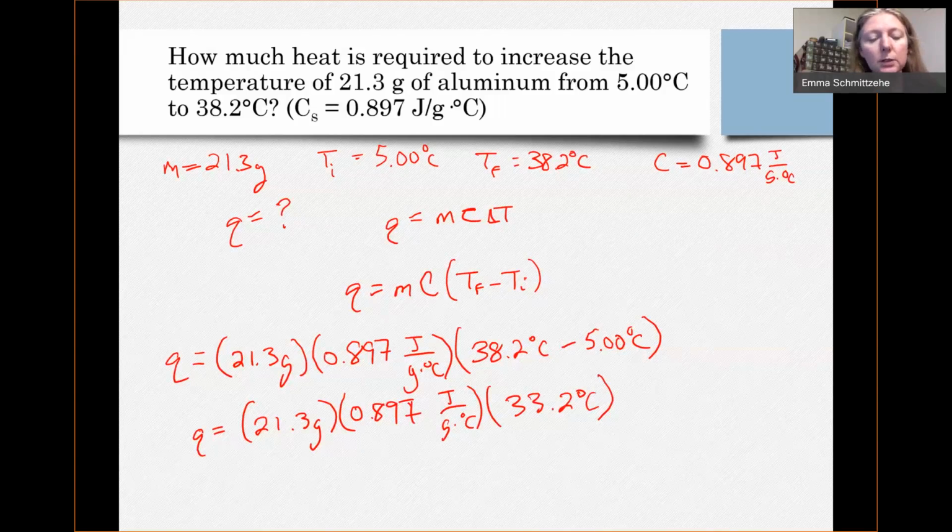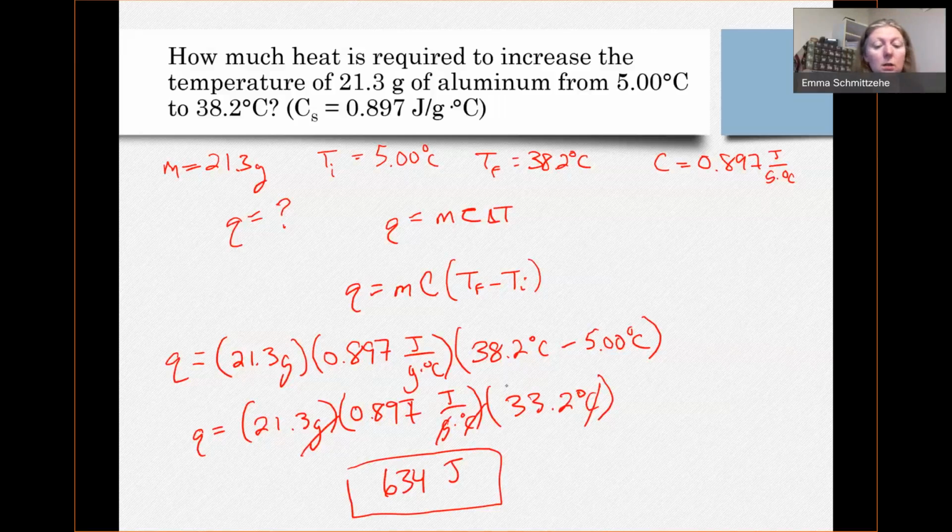And we're going to round that to 3 sig figs because that's the fewest we have in our multiplication step. So 634 joules. And that is because grams cancel and degrees C cancels. So 634 joules of heat was absorbed in order to cause this temperature change.